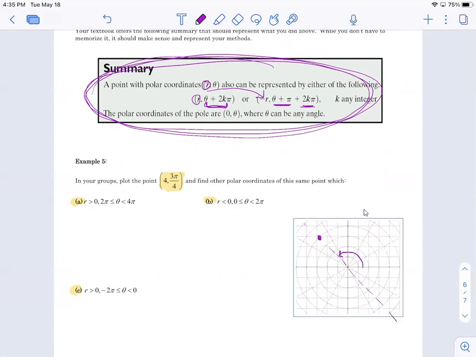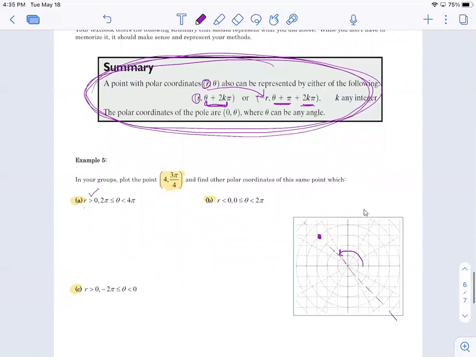Now, what I need to do is in A, I want to keep my radius positive. That's what it means when it says r is greater than 0. So I'm going to keep it 4. There's nothing else I can do. But now I want my angle to be bigger than 2 pi, but I don't want to go around the circle twice.